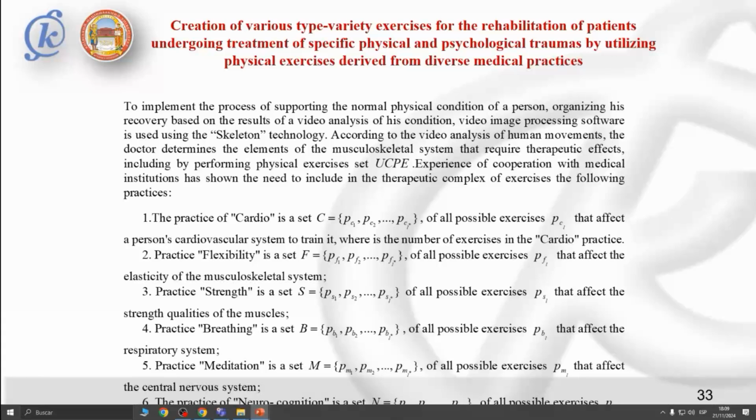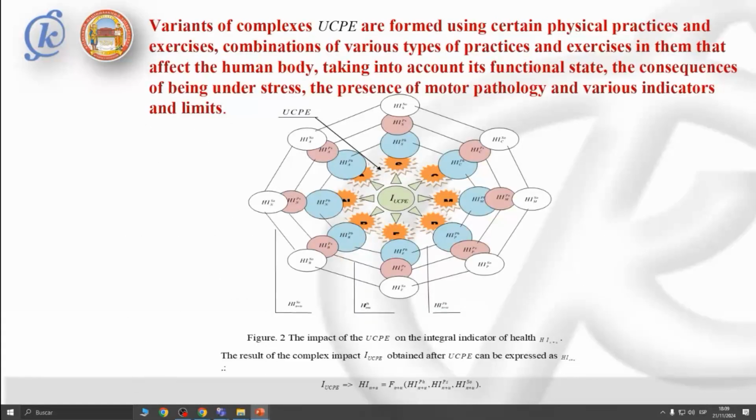The idea was to consider different practices, for example cardio, flexibility, and strength, and we generated a special set of exercises that are very useful and positive for these people, and introduced this idea for the management of rehabilitation. Our medicine part of the biology university supported this brilliant idea for development.